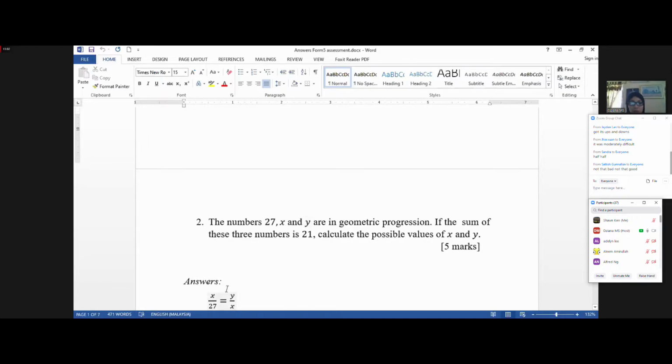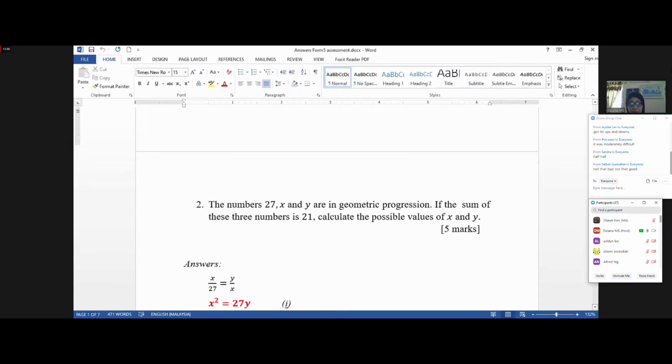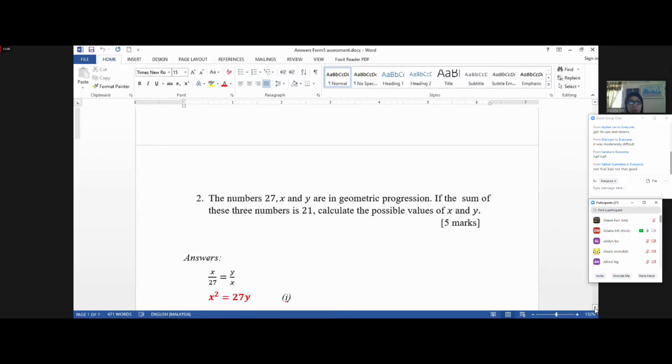So x over 27 equals y over x. From there, I can get my first equation, which is x squared equals 27y. I know there is more than one way of working for this, but this is one of them. If you get this equation correct, it is 1 mark. I just cross multiply, x squared equals 27y.